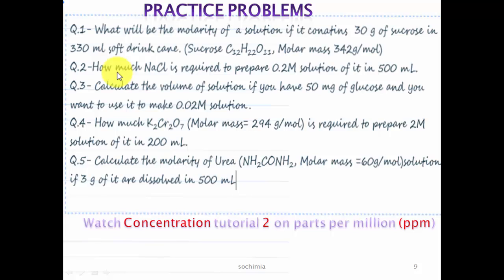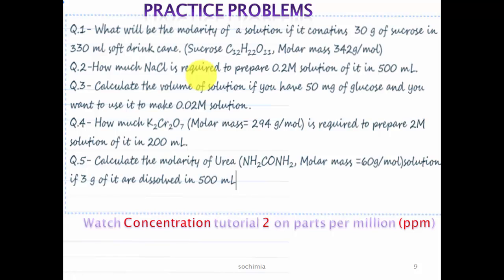In the second problem, how much sodium chloride is required to prepare a 0.2 molar solution of it in 500 ml? What we need to calculate is sodium chloride's mass in grams, so the mass of solute.